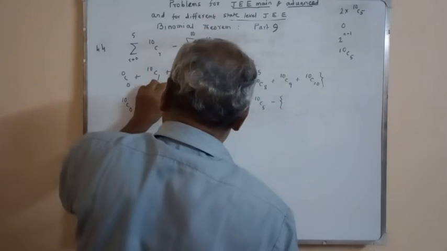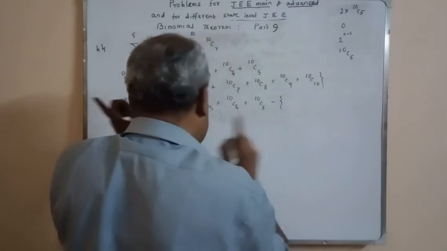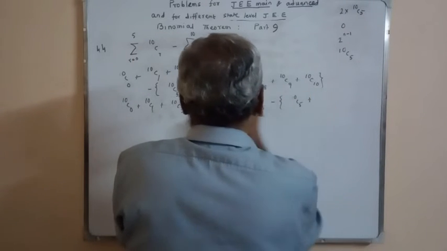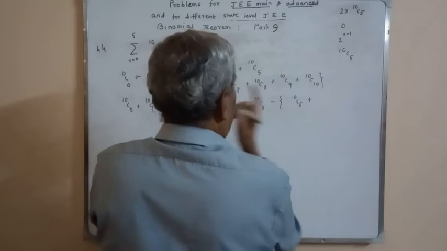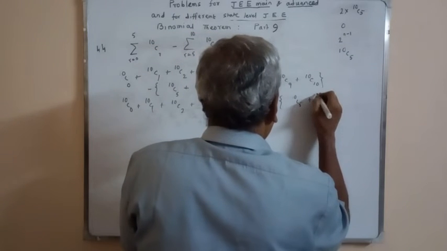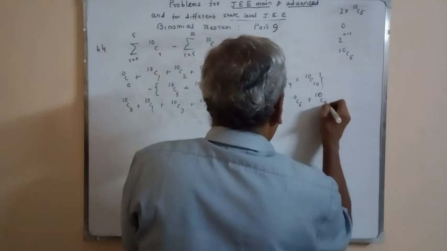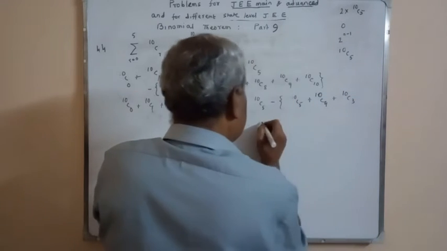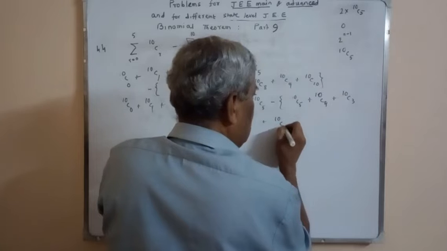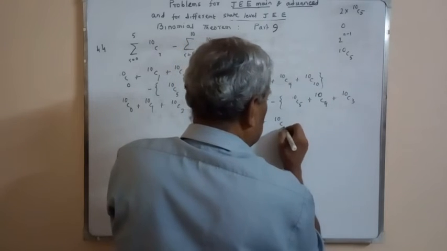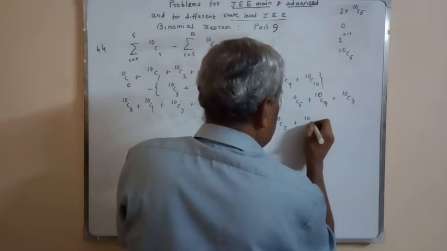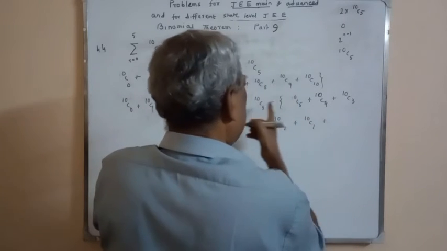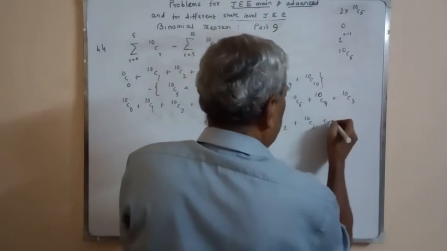This can be written as 10C(10 minus 5), that is the same thing, 10C5. Then this is 10C4 plus 10C3 plus 10C2 plus 10C1 plus, last term is 10C0.